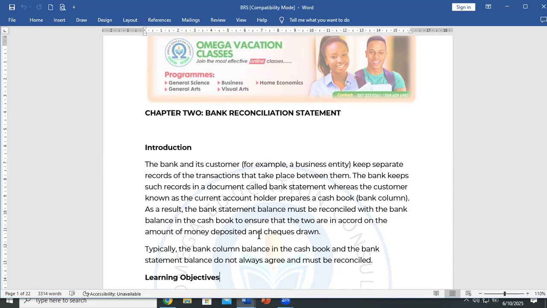That is the more reason why sometimes we even go to MTN offices to print the Momo statement to check, because we are not too clear in our minds. We thought that somebody sent us this amount, and our balance is supposed to be this amount, but that's not the case, right? So that's the essence of the bank reconciliation statement.